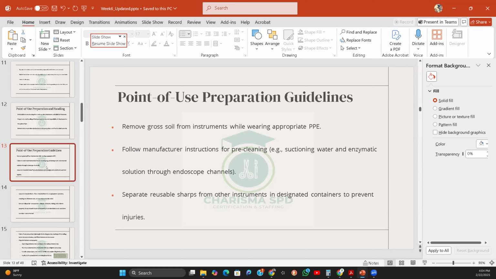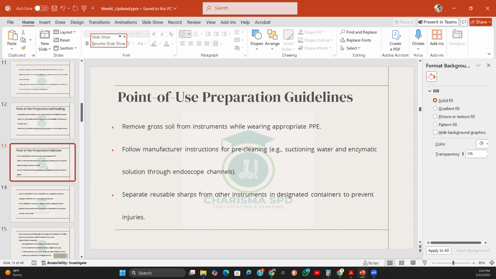All right. So when we are at point of use, and we are prepping it, we also have to keep in mind that we have to apply the manual of the instrument, which is the IFU.